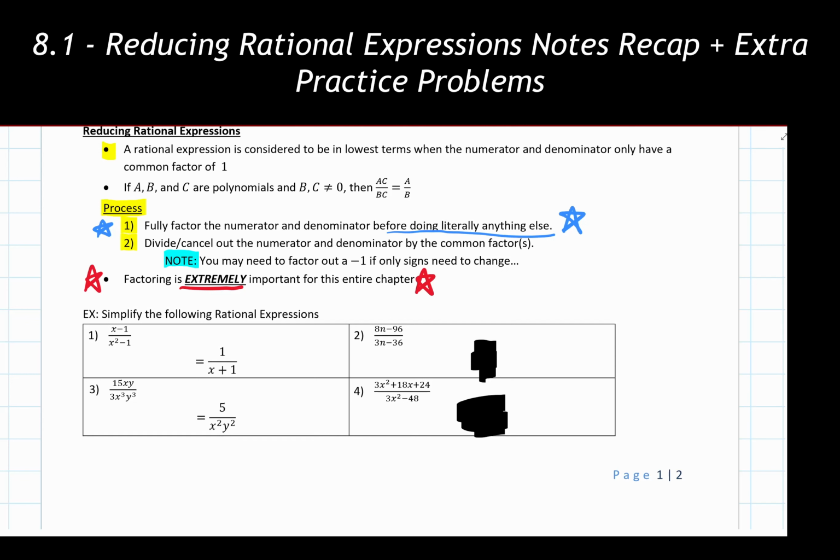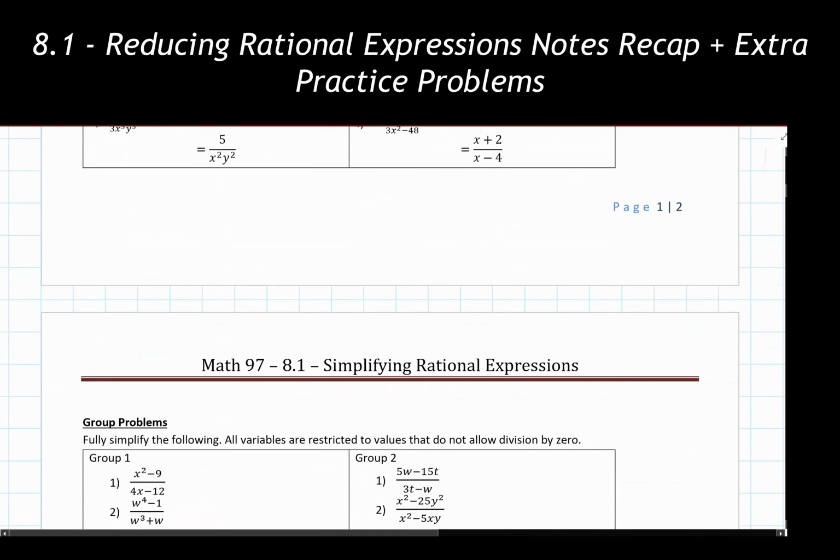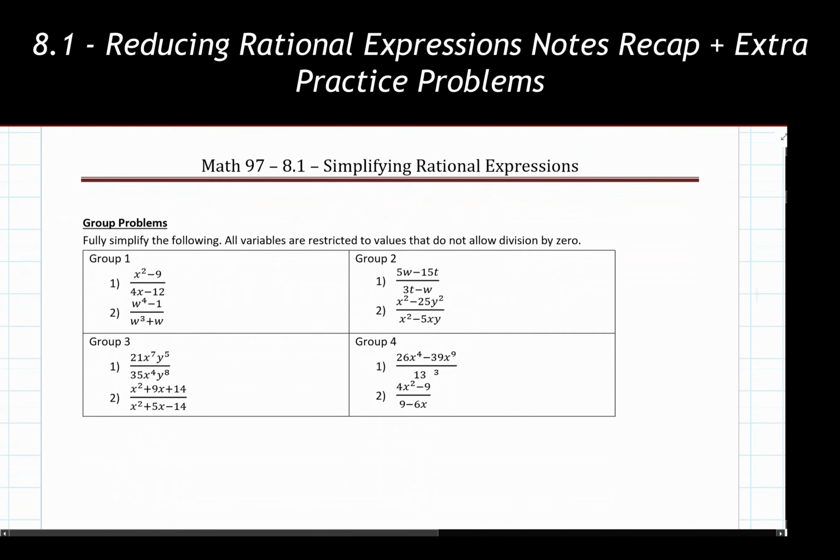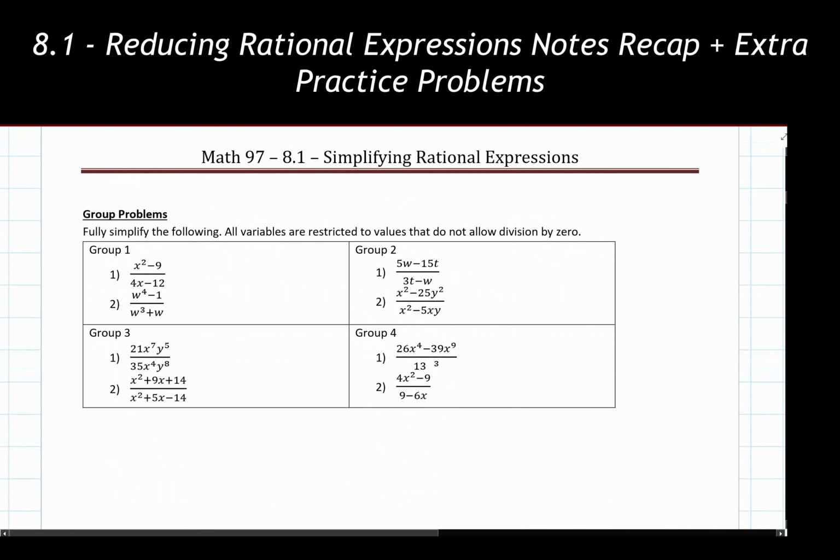So we'll go ahead and reveal our final answers here, which were the same as what we got when we worked through them. I'll scroll down here and give you some extra practice problems if you would like to work on those. Again, I recommend pausing the video here to give yourself some time to work through these examples.